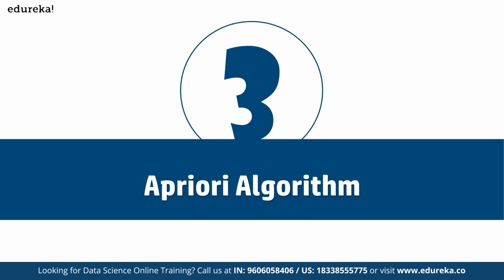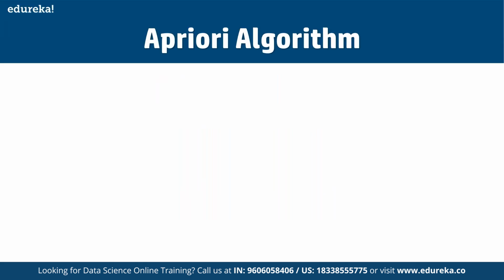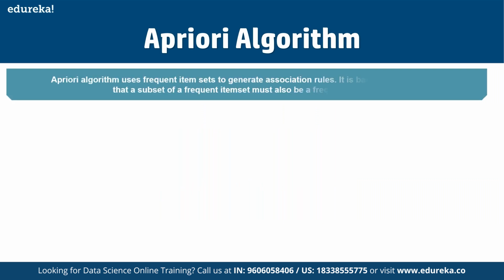All right, so now let's move further on the Apriori algorithm part. The Apriori algorithm uses frequent item sets to generate the association rules. It is based on the concept that a subset of a frequent item set must also be a frequent item set.